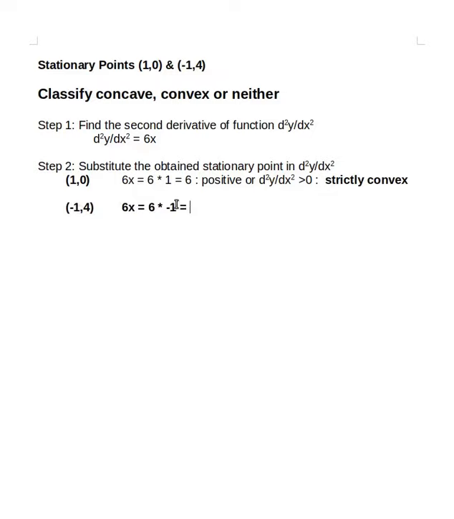So what we will get is -6, that is a negative value, or d square y by dx square is less than 0. So from this it's clear that if it is greater than 0 then it is strictly convex, and if it is less than 0 then it is strictly concave.